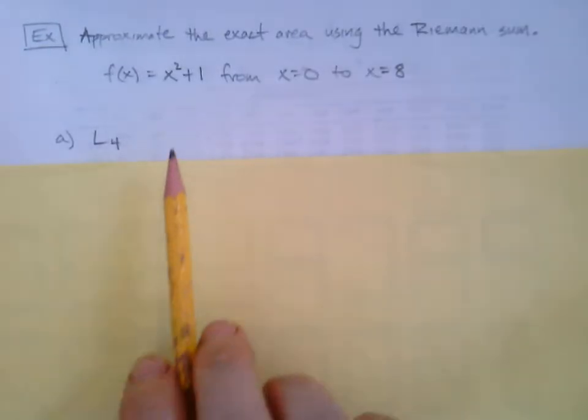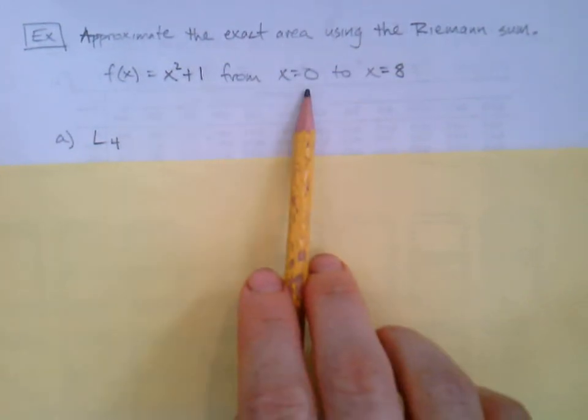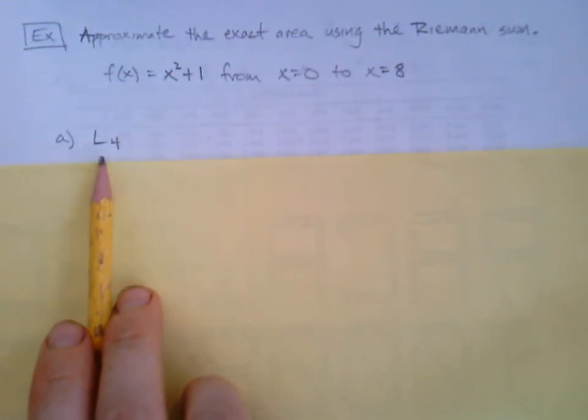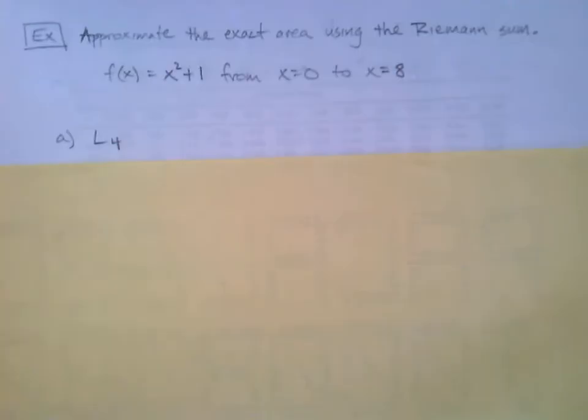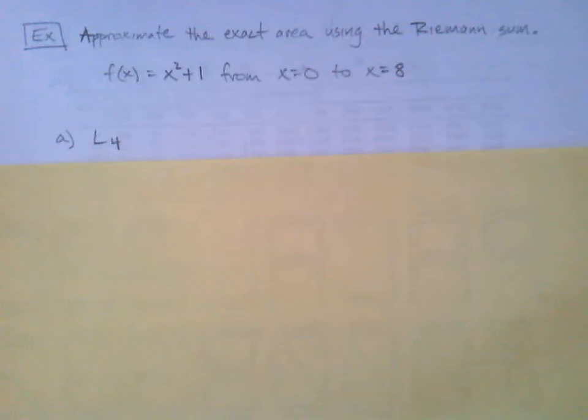So we'll graph it in a moment, but maybe you can imagine that parabola and its starting and ending points. Okay, so for part A, we're being asked for L4. 4 again, nothing special about 4. We could use any number there. We'll use other numbers in later examples, but okay, the left rectangles, we'll do 4 of them.